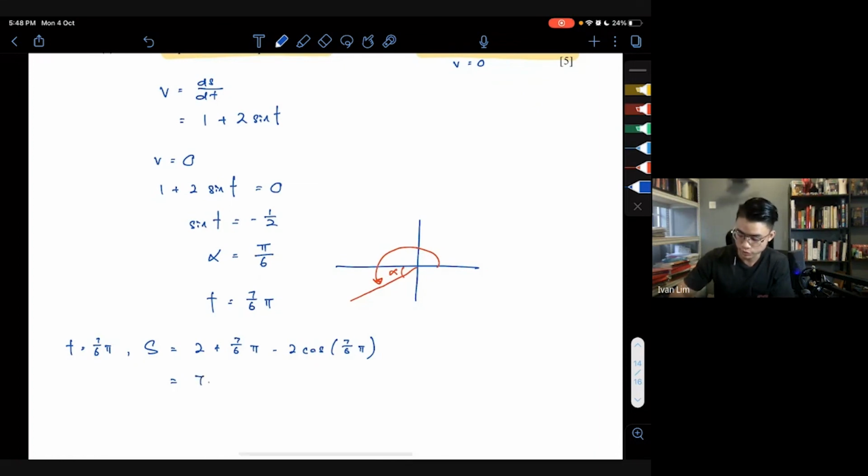Okay, radian mode, 7.40. If you write it as 7.397, anyone wrote 7.39724? Okay, you also can get the answer. It's also acceptable. Otherwise it's 7.40.